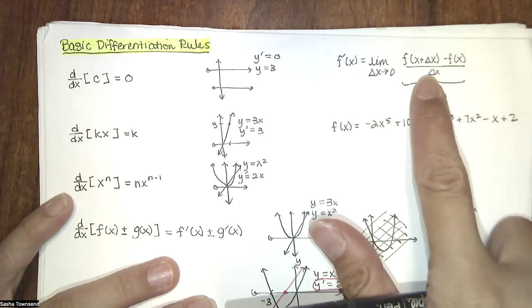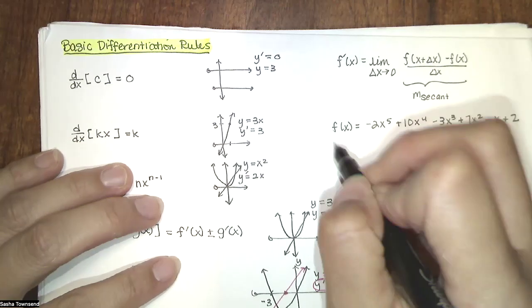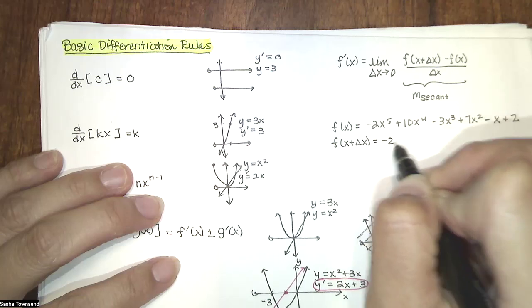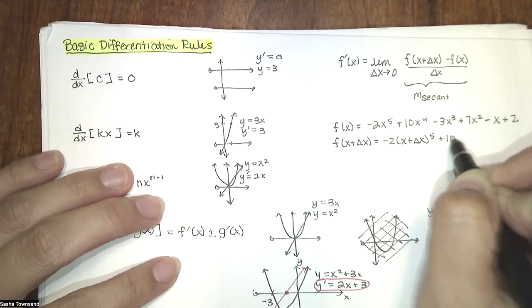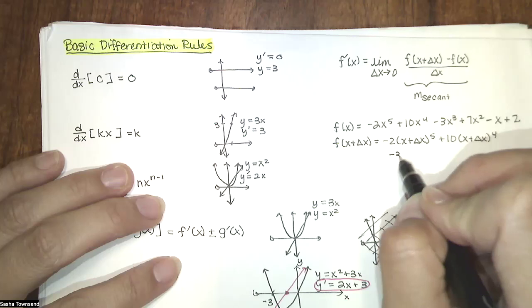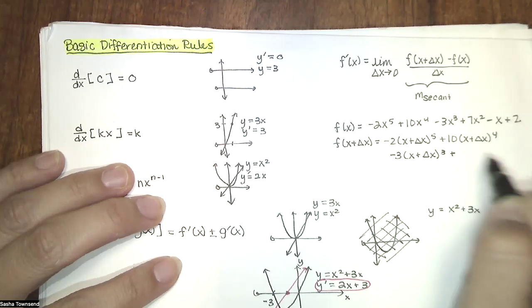Applying that formula here is a pain because if I evaluate f at x plus delta x, look what happens. We end up with negative 2 times the quantity x plus delta x to the 5th plus 10 times the quantity x plus delta x to the 4th, and so on. It sort of just gets very complicated looking relatively quickly.